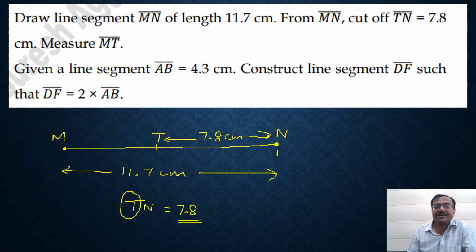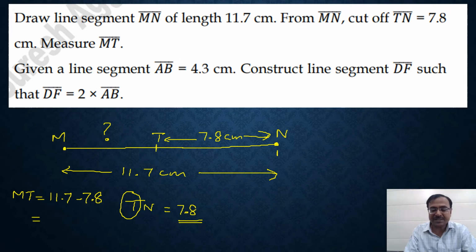And then he is asking you to measure the other part, that is MT, and automatically the MT part should come out to be the difference of 11.7 and 7.8, because you have cut off 7.8 centimeters from 11.7 centimeters. So that's how you need to understand this and approach the solution of this question. So 3.9 centimeters will be the answer for this particular question if you measure MT.